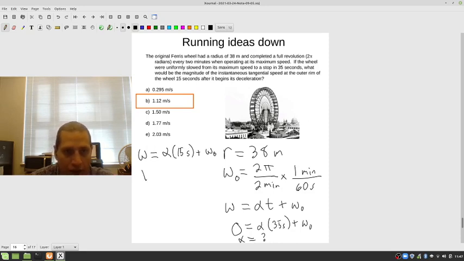And then if you wanted to find the v at that time, it would just be this omega times r, and that would be it. There you'd get your 1.12 meters per second out of it.